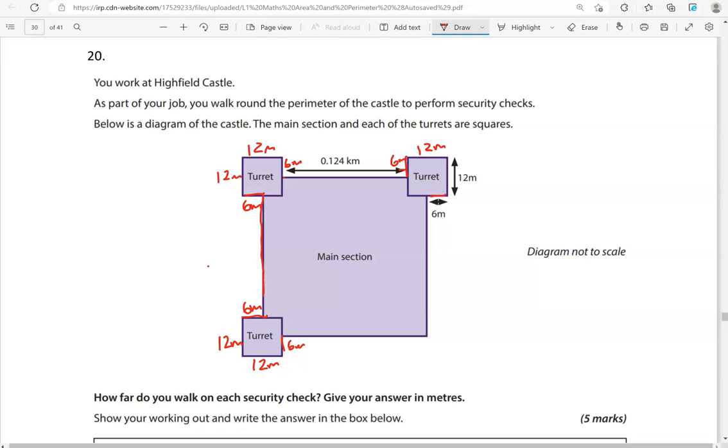This distance here is the same as this one, so it will be 0.124 kilometers. That is the same as 124 meters.